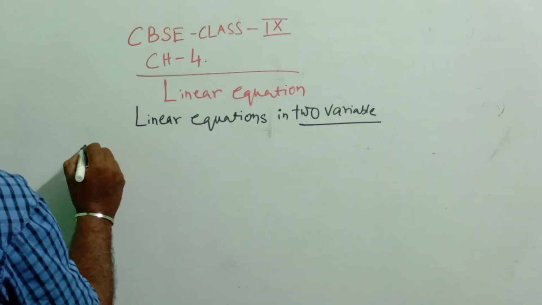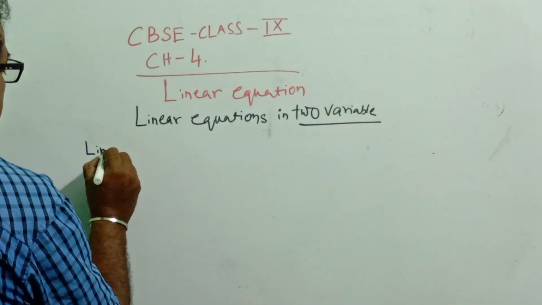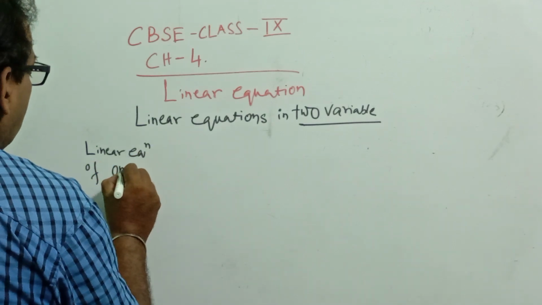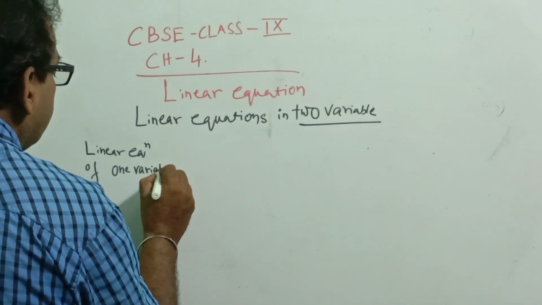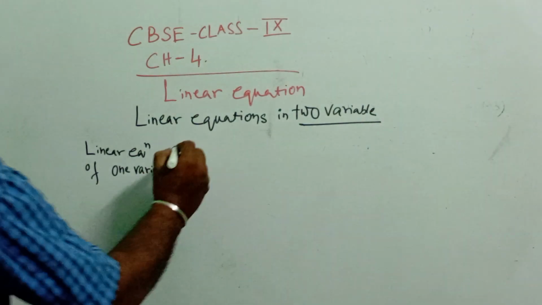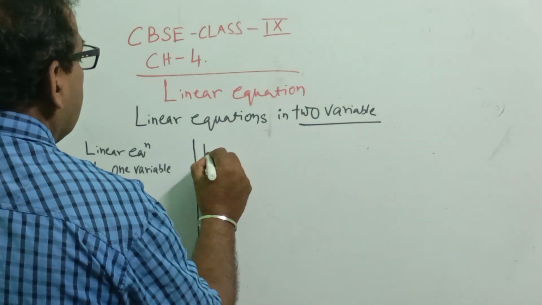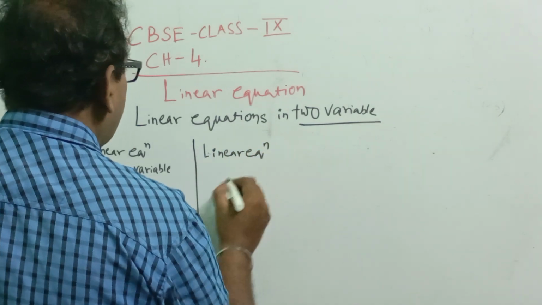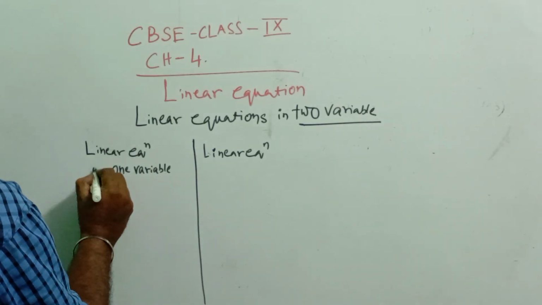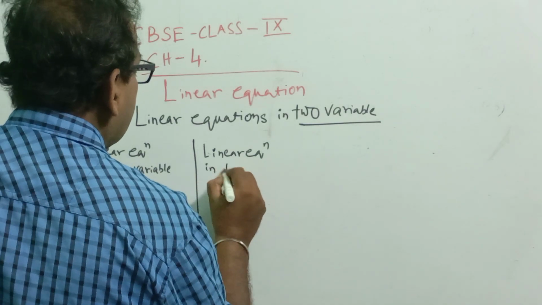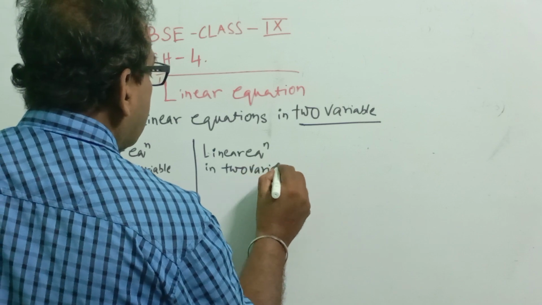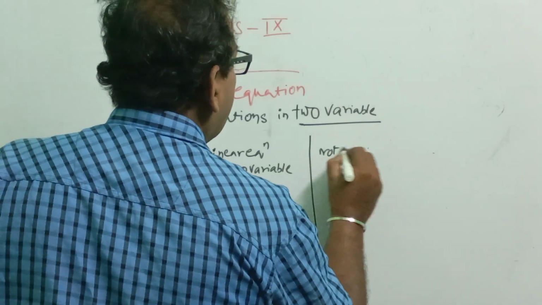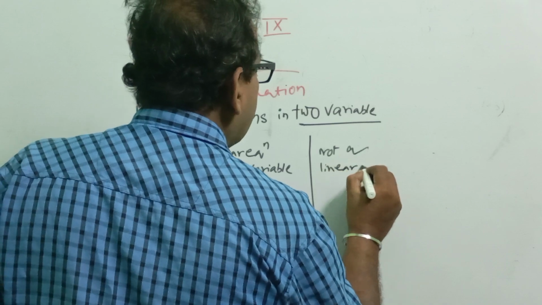Now there are three types: first, linear equation of one variable; second, linear equation in two variable; and third one, not a linear equation.